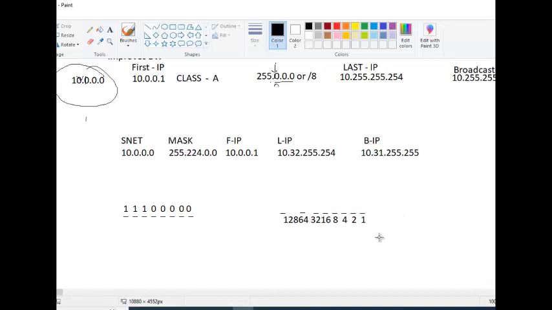Okay, now, I cannot move this anyway. So assume that this is the last bit, 128. Now you see the first 3 bits, 128 plus 64 plus 32. Add and see.